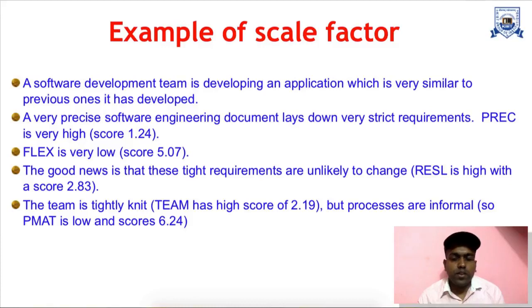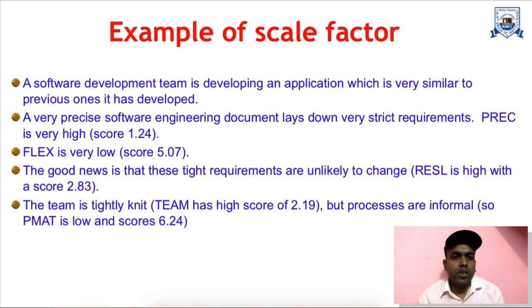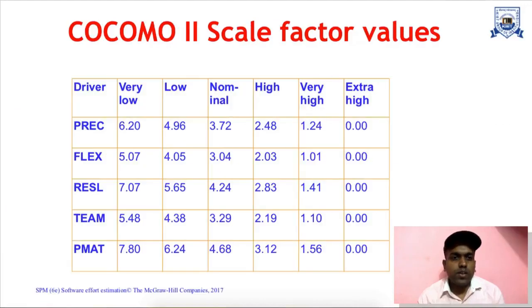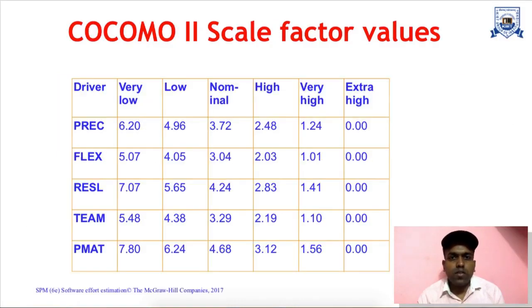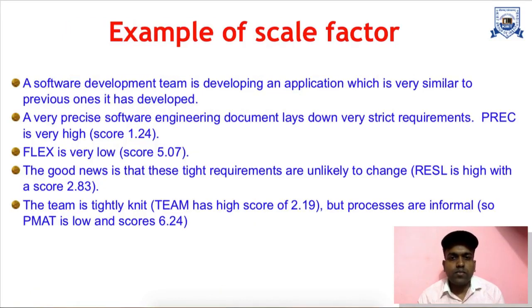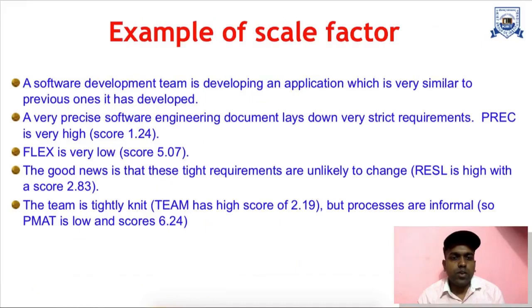Same as FLEX is very low, that means the value will be 5.07. Then RESL is high, so we will take this value 2.83. Same as TEAM has a high score, that means this value will be 2.19. And PMAT is low, so we'll take this value 6.24.